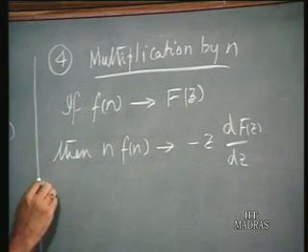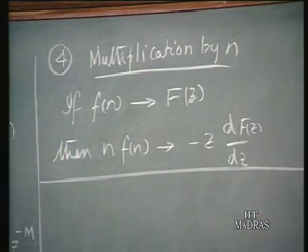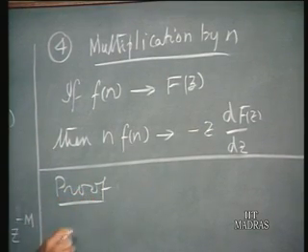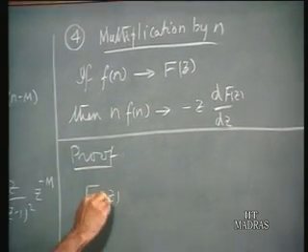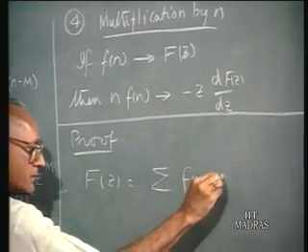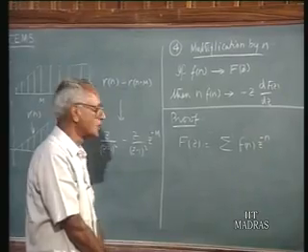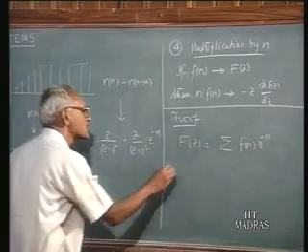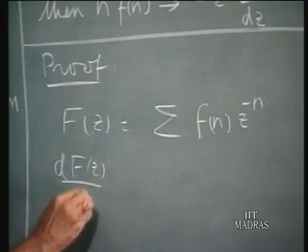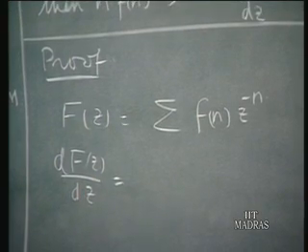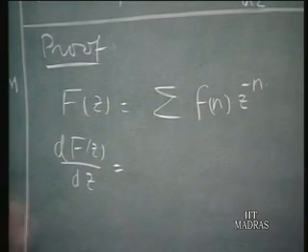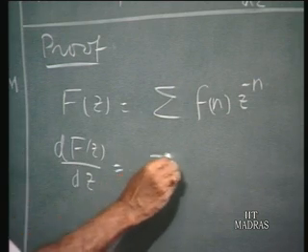Proof. Let us consider F of z. This is after all the sum of f of n z power minus n. Let us take the derivative of this, dF of z over dz, assuming that when you want to take the derivative of the series, you can take the derivative under the summation sign.